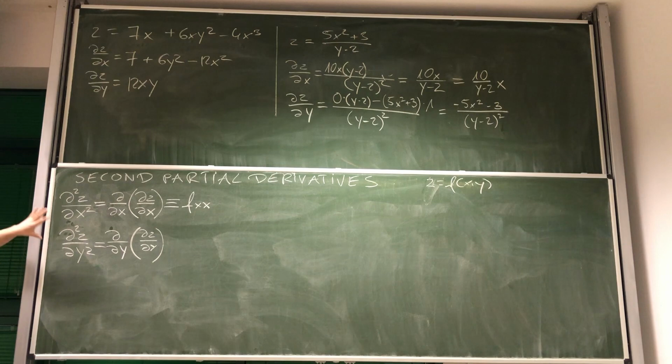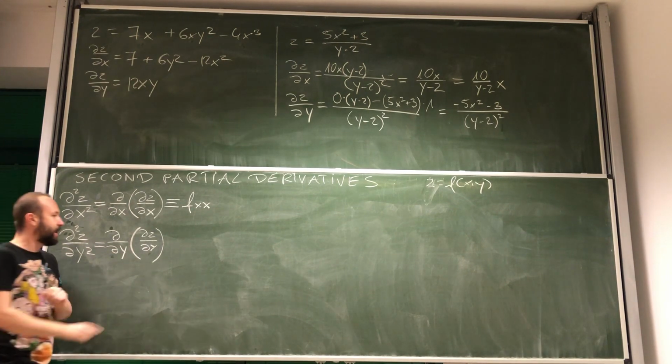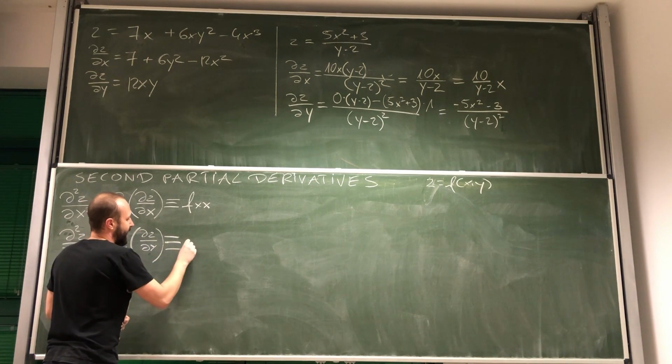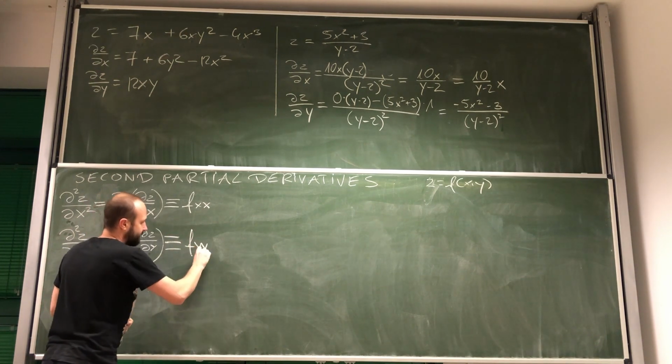So I would just take this derivative, differentiate it again with respect to y, and I can write it as f_yy.